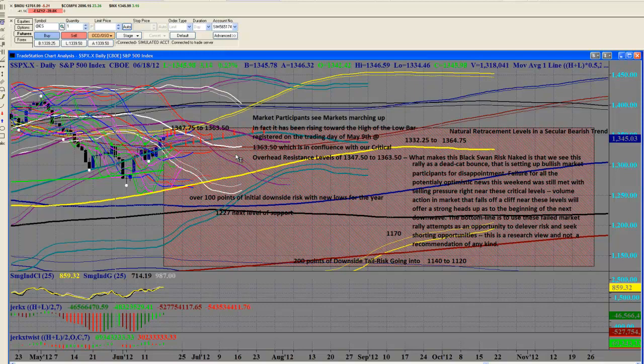Would the surprise be bigger on the downside than it is on the upside? And if the answer is exceedingly yes, then you really want to take note and really de-lever your risk as the market retraces its movement.